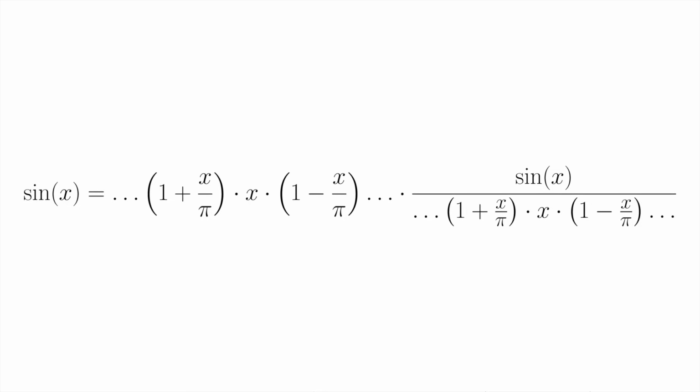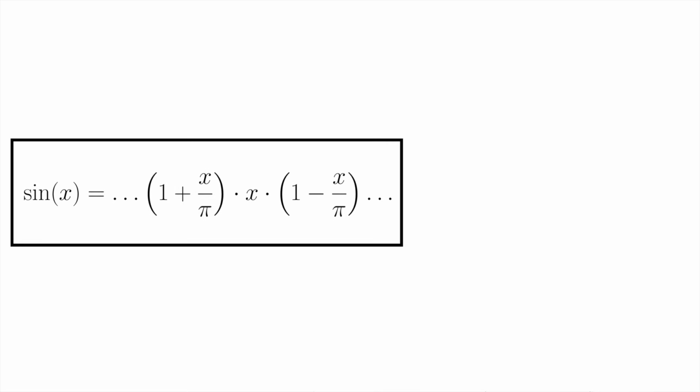Of course, what we hope to find is that this quotient at the end here is just literally the function 1, because that would mean that sine of x is really equal to this product, and then we'd be done.